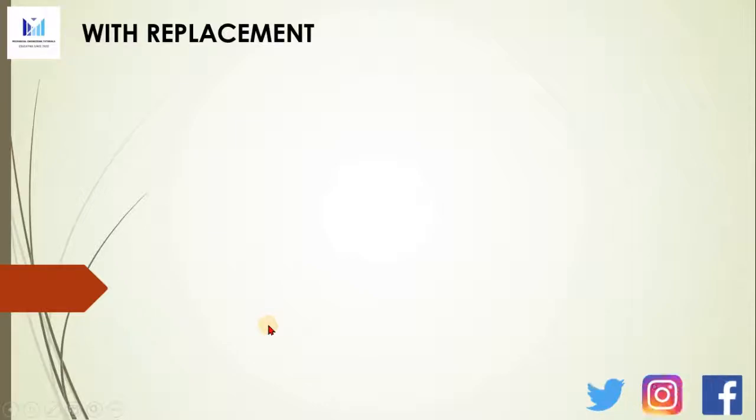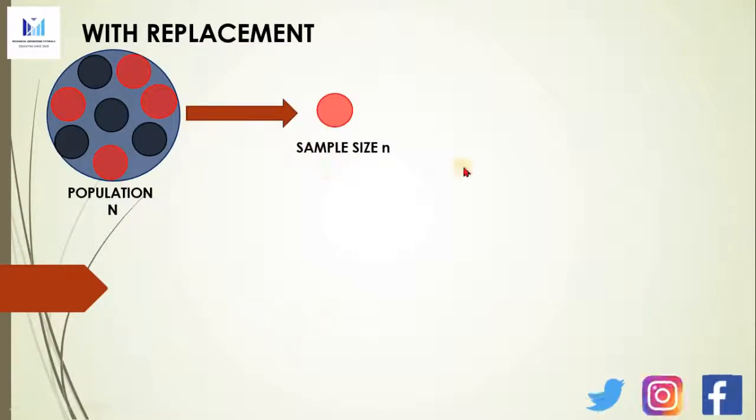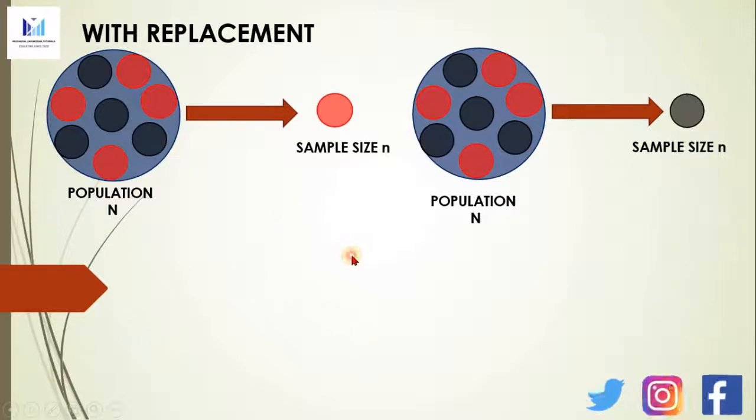Firstly, with replacement. In random sampling with replacement, the items are drawn one by one and are put back into the population before the next draw. If capital N is the size of the finite population and small n is the size of the sample, then we have N raised to n samples.